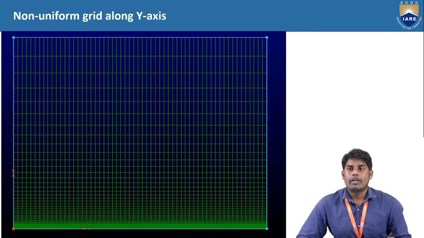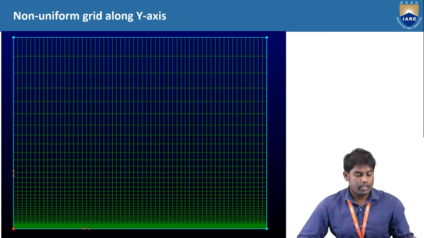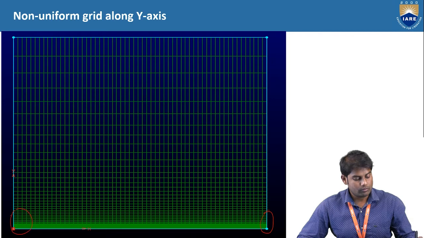Previously we had seen the non-uniform grid only along the x direction. Here you can see a non-uniform grid along the y direction. Along the x-axis it is uniform.